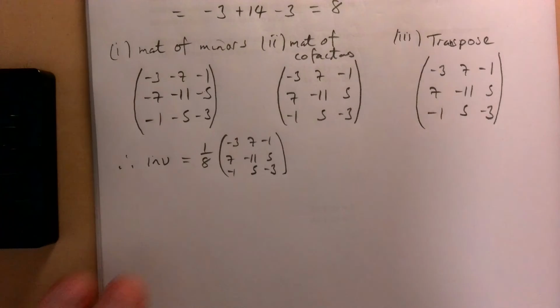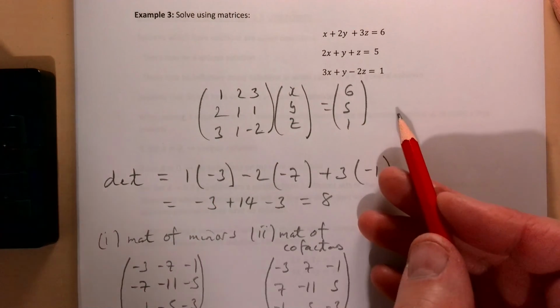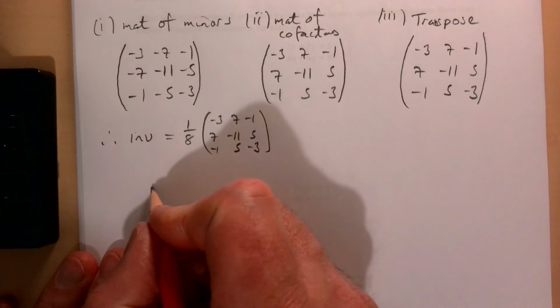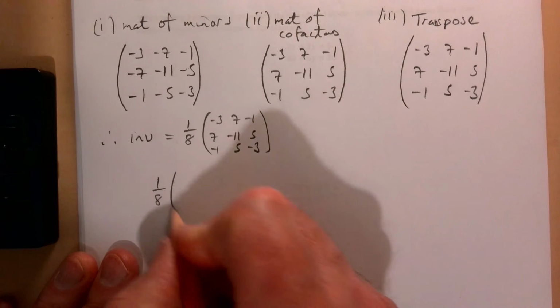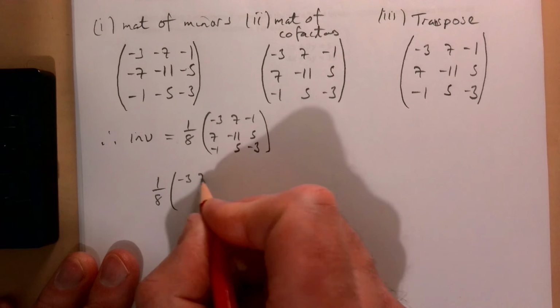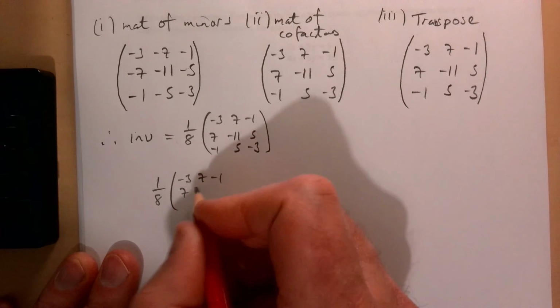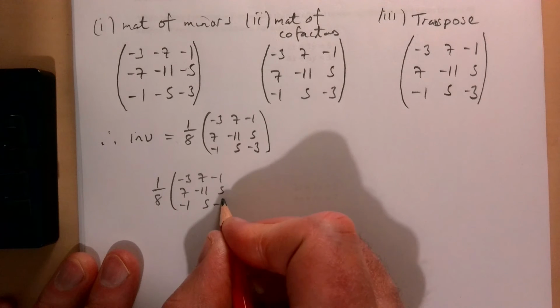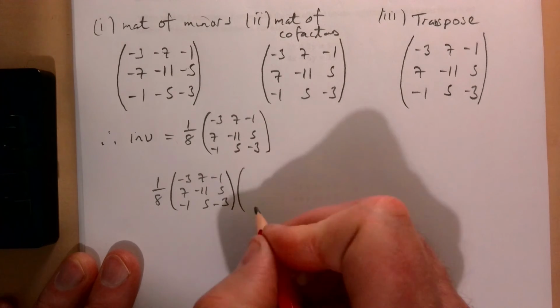And so we need to multiply both sides of this by the inverse. So again, still a wee bit of writing here, but we're okay. So we have an 8th, -3, 7, -1, 7, -11, 5, -1, 5, -3, multiplied by our original matrix.